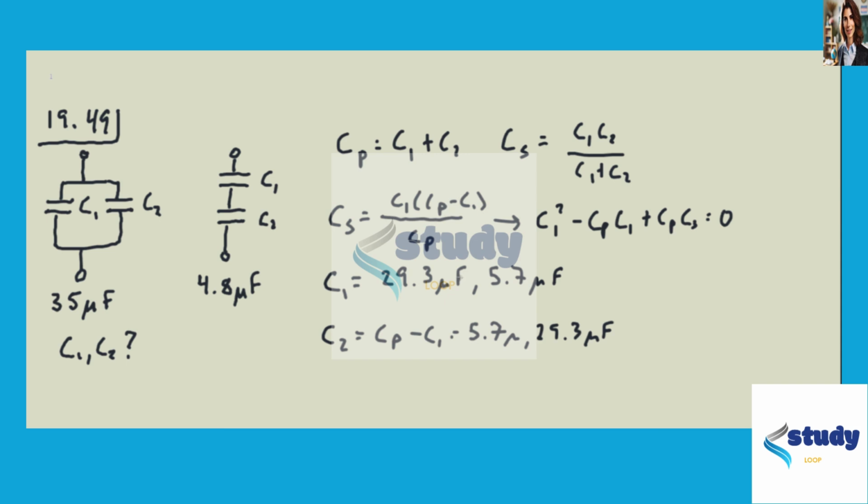So we aren't able to resolve which one is which. That makes sense because there's nothing distinguishing between them. We could call this C2 and this one C1, and similarly here, and get the same values of the capacitances. But if we assign one value to one and the other value to the other, then one of them is going to be 5.7 microfarads, and the other one is going to be 29.3 microfarads.